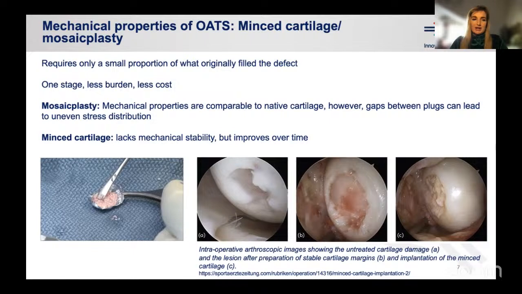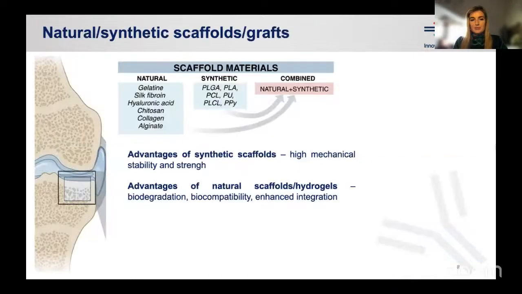While minced cartilage, which is not fully linked to osteochondral defects but still reconstructs the cartilage itself, usually lacks mechanical stability, and this is due to the small portions of cartilage that need to improve over time and build up the extracellular matrix around them, by cells, of course.